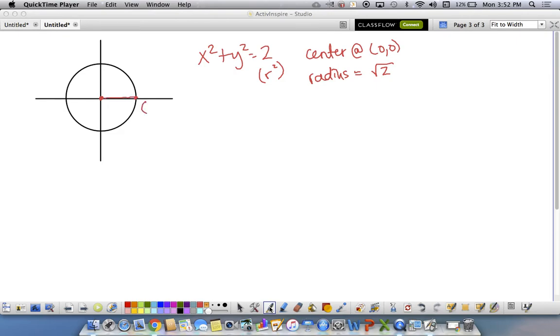Okay. The x is the square root of 2. The y is 0. Up here, could we find that point? Yeah, it's 0 and the radius. Here, it's negative square root of 2, 0, and here, 0, negative square root of 2. So we can find points going all around that circle.